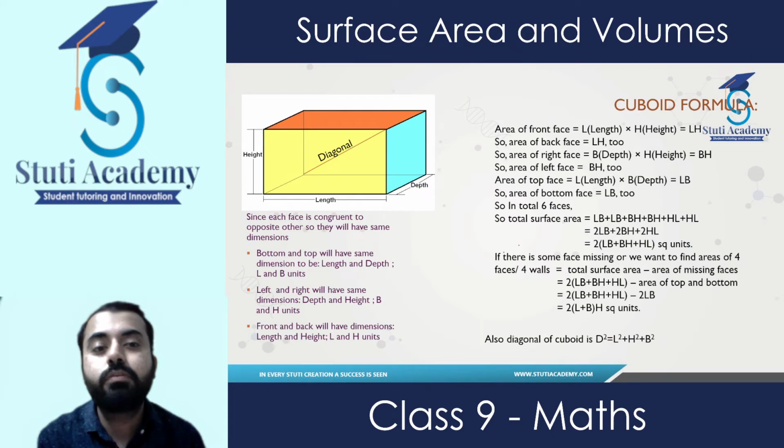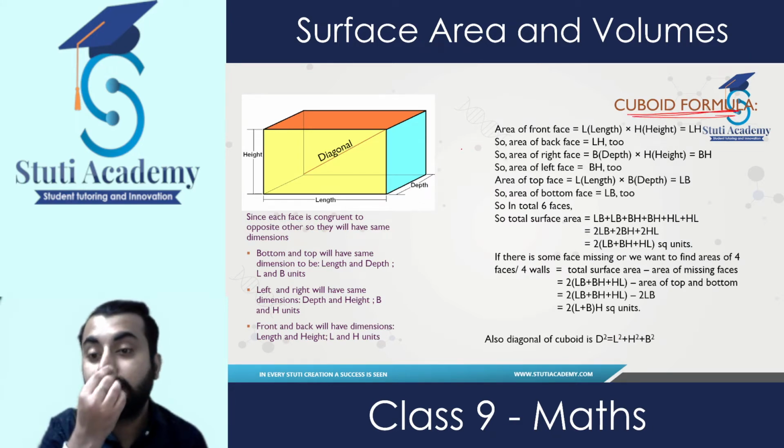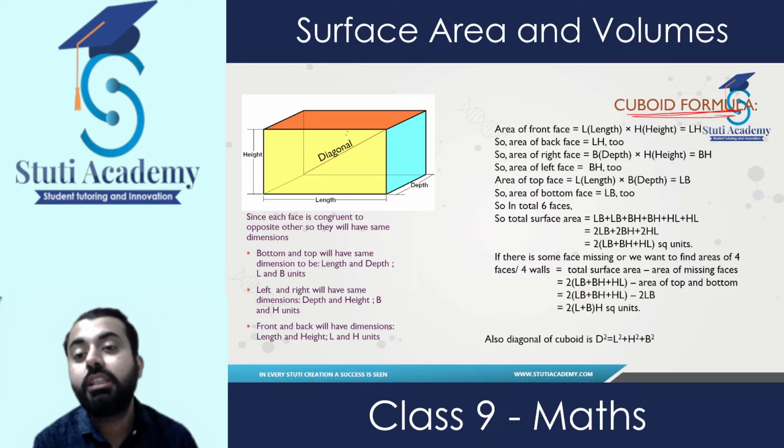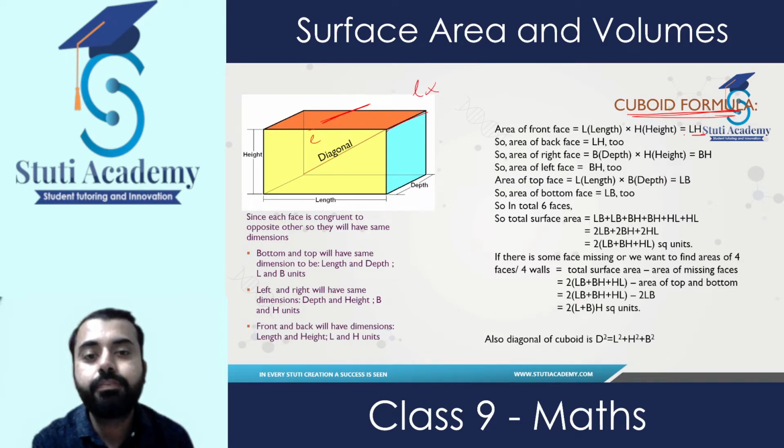Now I have to derive the cuboid's formula for its surface area. So now you know each side is congruent to the opposite face. If I calculate the area of this face, it has a length and a width, so its area will be length times width.